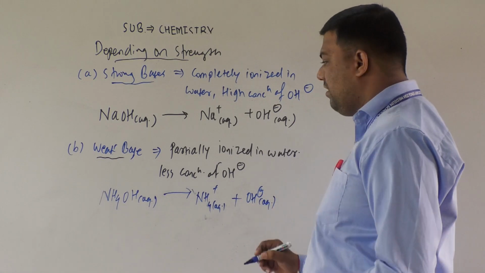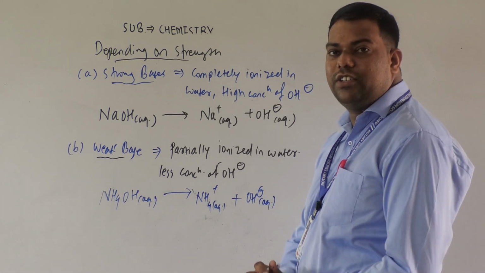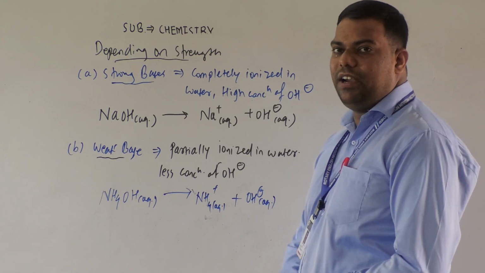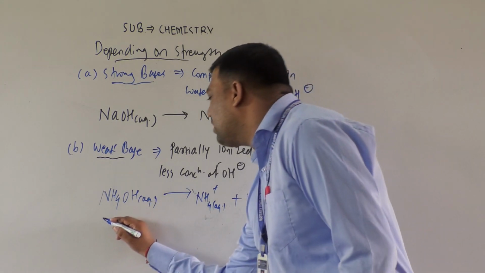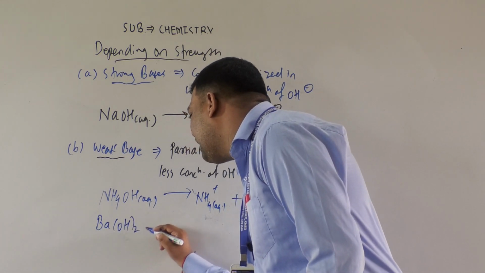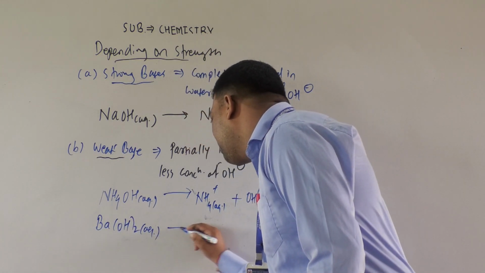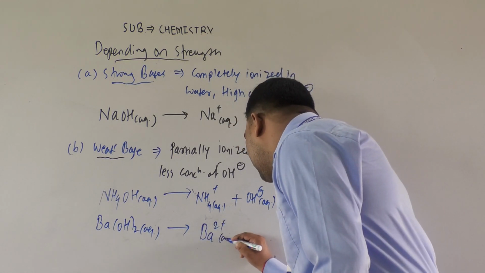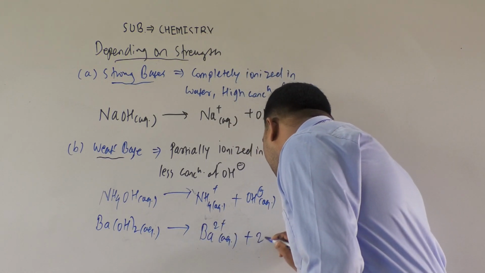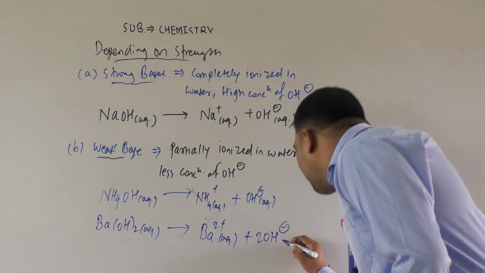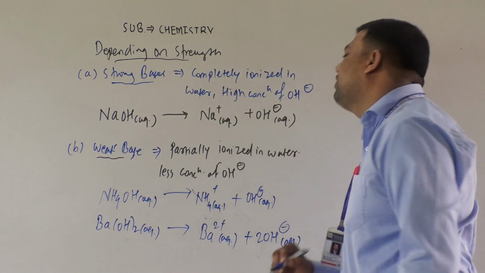These are weak bases. Why do we call this a weak base? Because it is partially or incompletely ionized in water. Another we can write is barium hydroxide aqueous, which gives Ba2 plus aqueous plus 2OH minus aqueous. Understood?